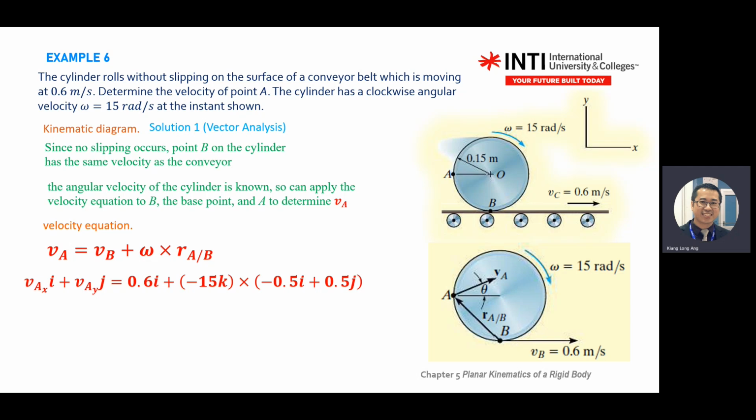So here is negative R, positive R. What is your R? What is the length of this one? Here to here. You break this one into like this one, this one to here. So what is the length of this one? Same as R. So what is your R? 0.15.